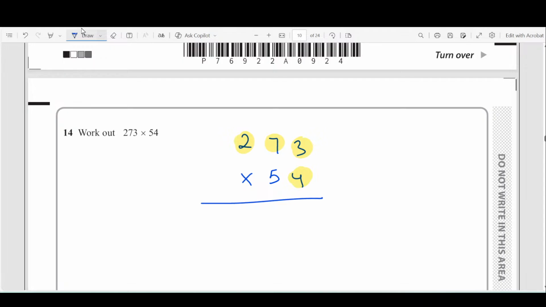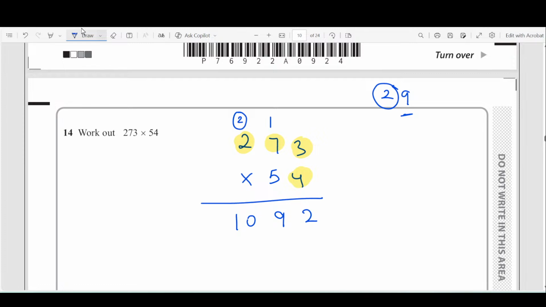So 4 times 3, 12. 2, 1 is carried over, and then 7 times 4, 28 plus 1, 29. So we put 9 there and 2 is carried over. If we have 29, this value we write here, and the tens value is carried over to the next number. 4 times 2, 8 plus 2, 10. So this is what we got.